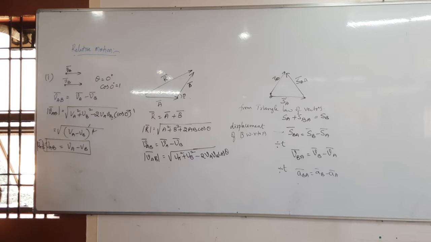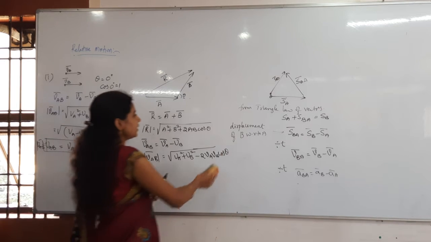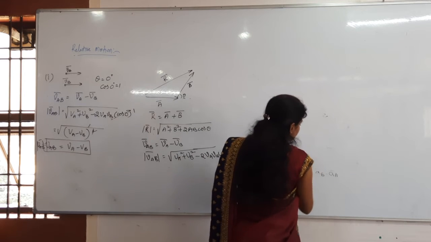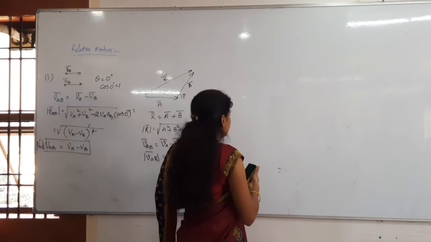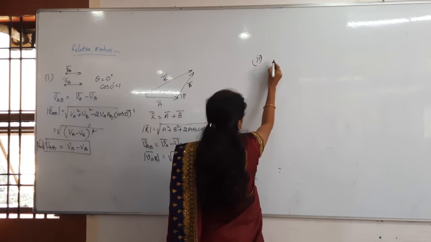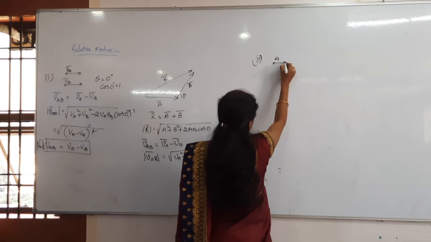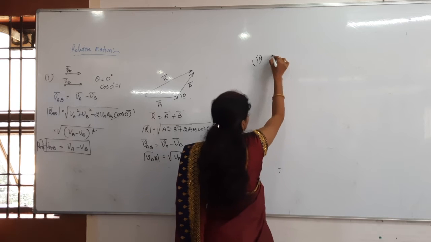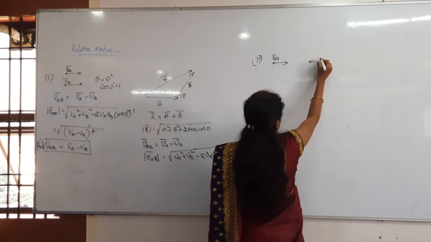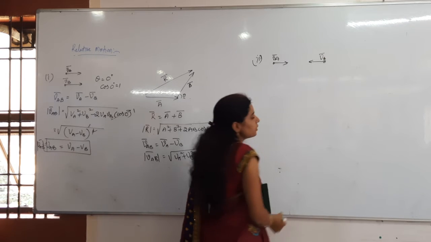If both the bodies are moving opposite to each other, what is the angle between them? Theta is equal to 180. For example, A is moving in the east direction with velocity VA bar, and B is moving towards A with velocity VB bar.